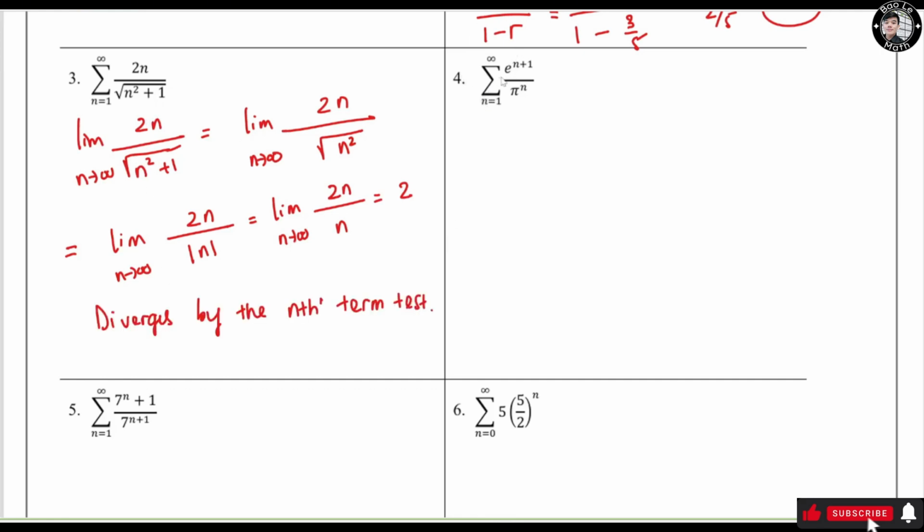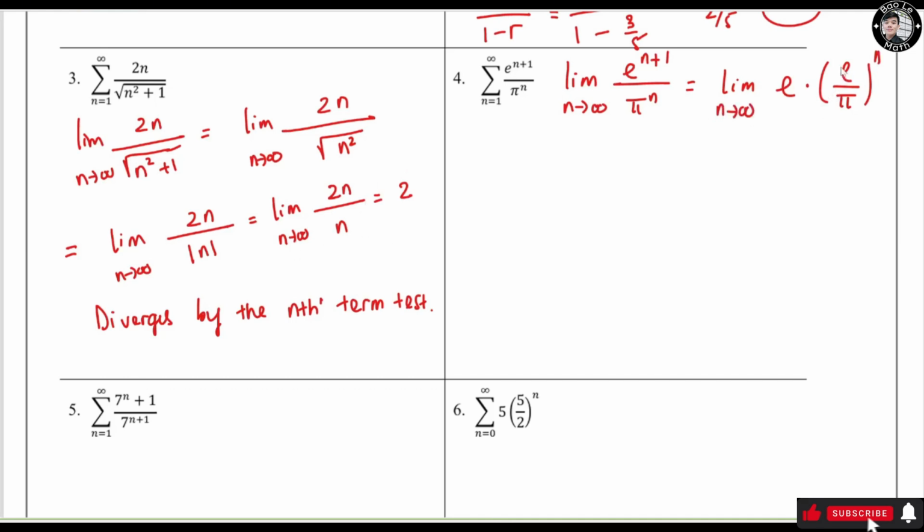Now, question 4. We have the limit of e to the n plus 1 over pi to the n when n approaches infinity. So it's going to be the limit of e times e over pi to the n when n approaches infinity.